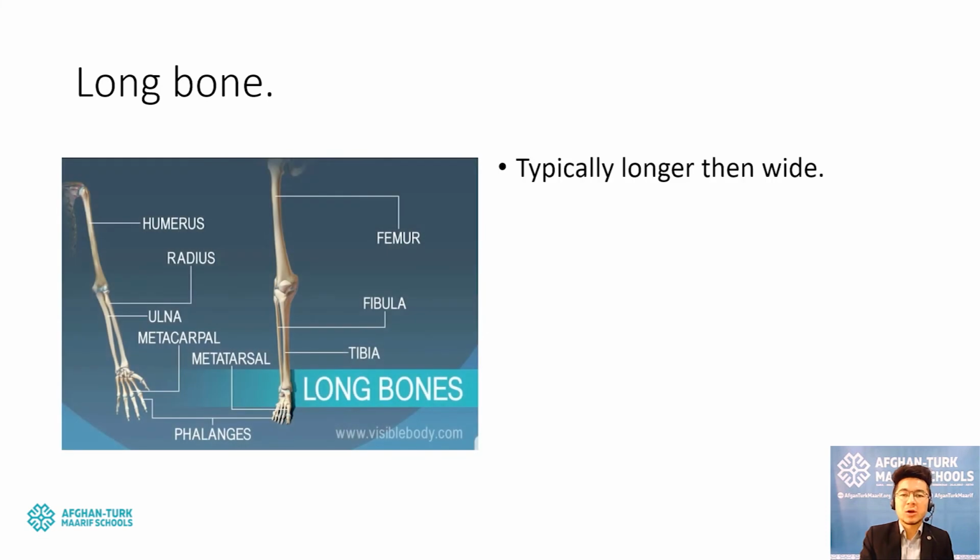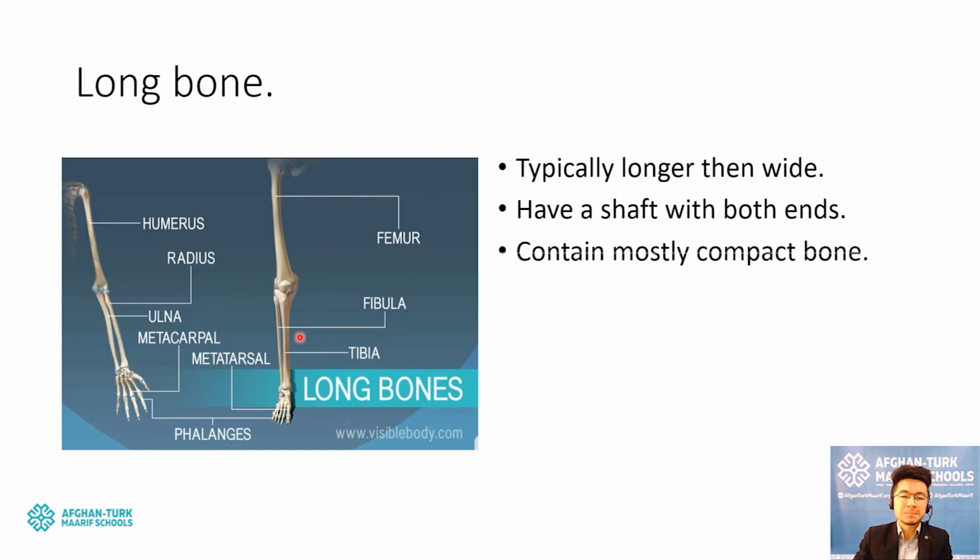Types of the bones. First of all, long bone. As you can see in the picture, long bones are longer than they are wide, and they have two endings, and the space between these two endings is called the shaft, which is mostly compact bone.